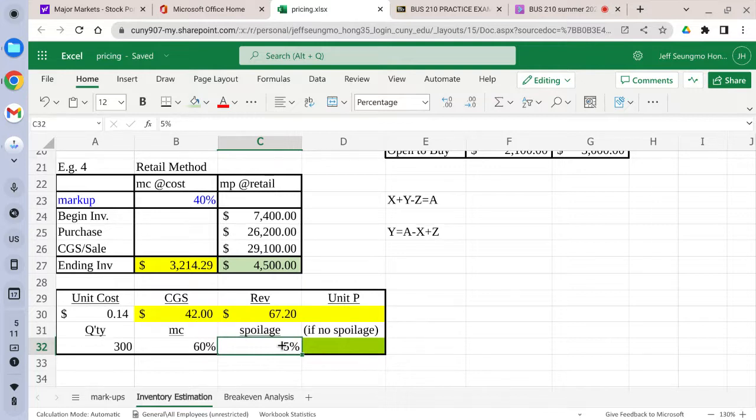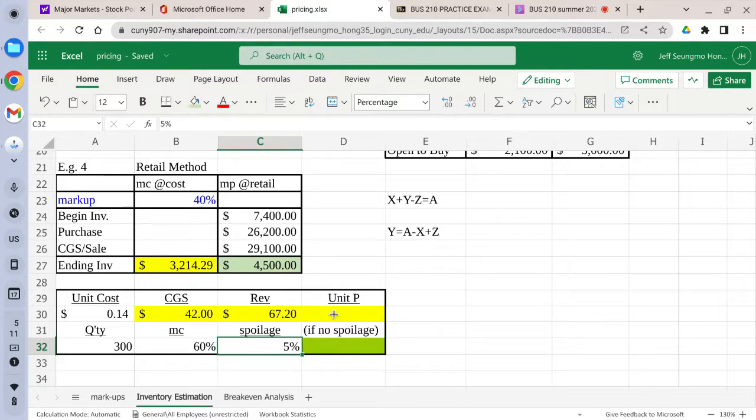Let's say you can sell all of them, 300 pounds, but if your tomatoes sit there for like a week, some of them will spoil. It's fruit and vegetables. So on average, spoilage is 5%.